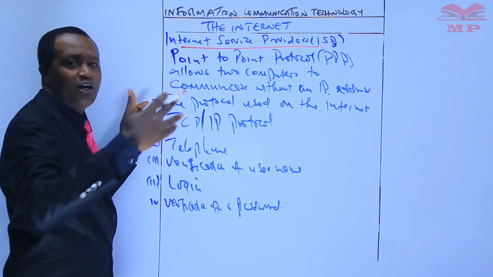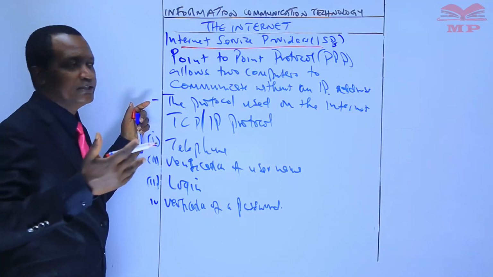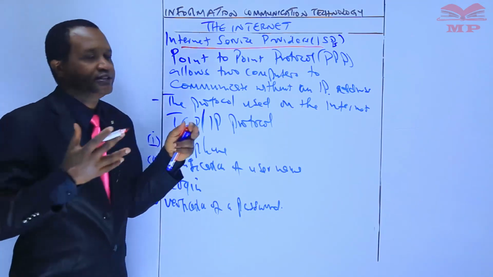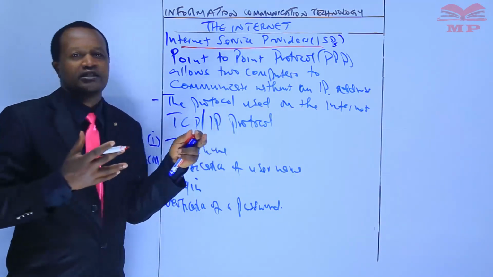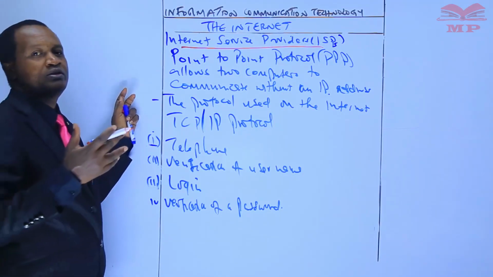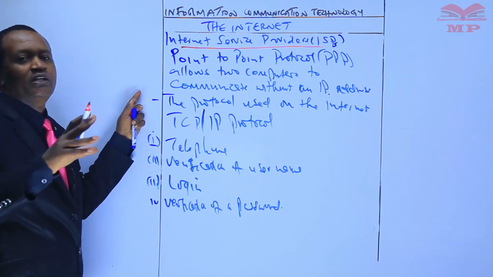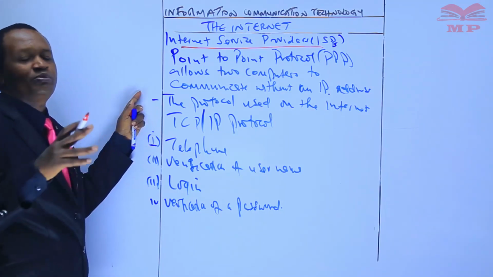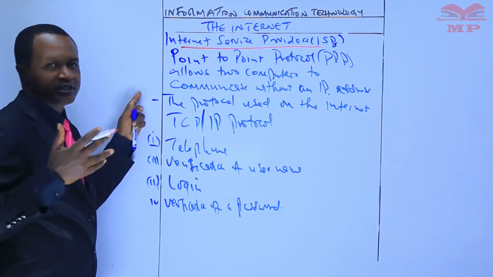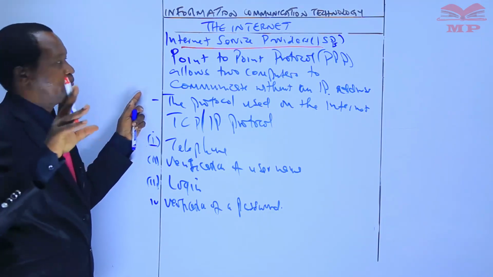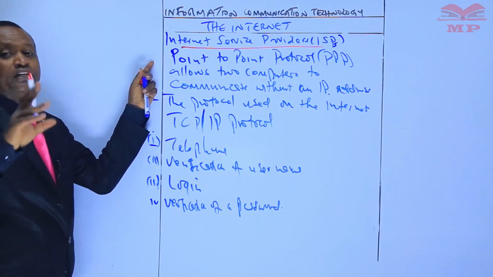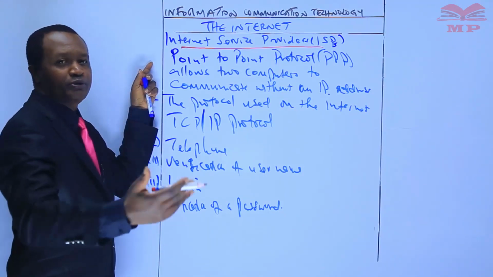We've explained how the internet service provider connects users to the internet. We've said that when you are connected to the internet through the internet service provider, communication between you and the internet service provider is established using a simple protocol, the point-to-point protocol.